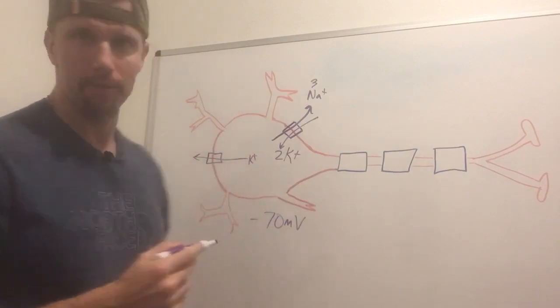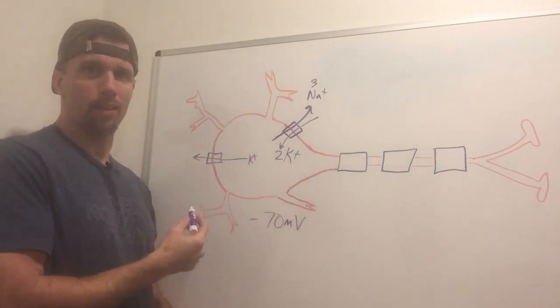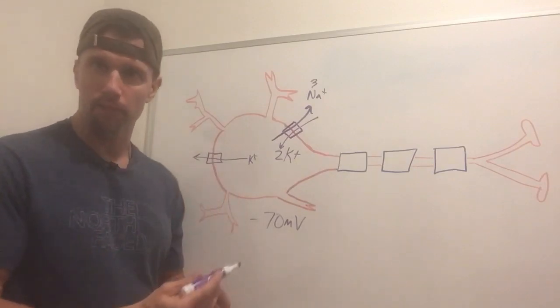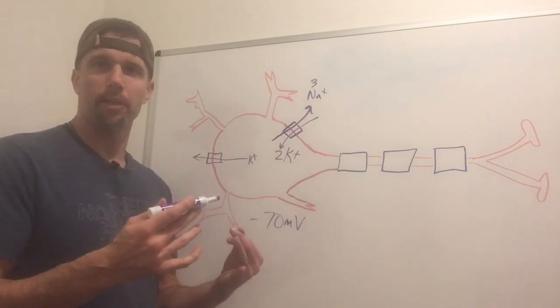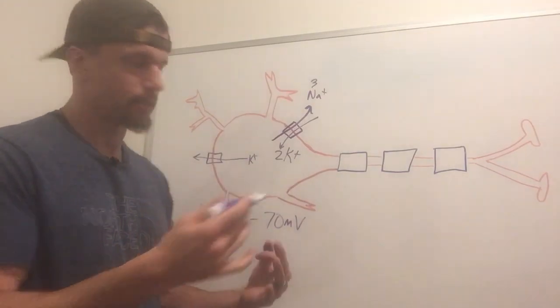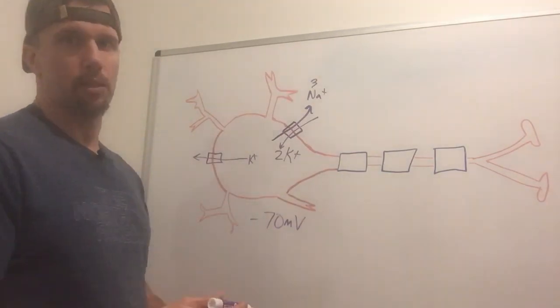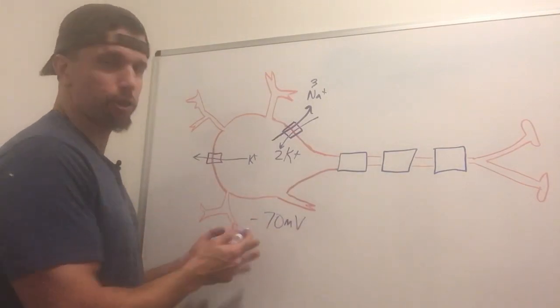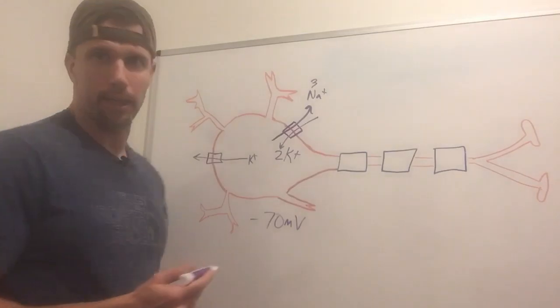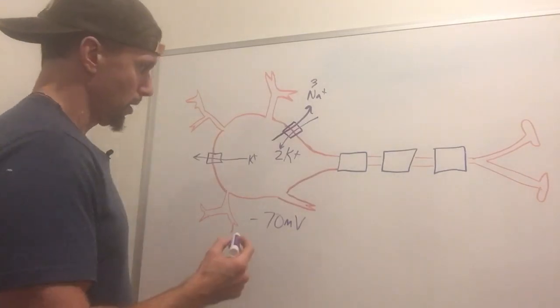As those positive charges leak out of the cell, that leaves phosphates and sulfates and proteins, all these different negatively charged anions inside the cell. That's going to contribute the majority, and it's actually going to overshoot. It's going to be a lot more than negative 70 millivolts.